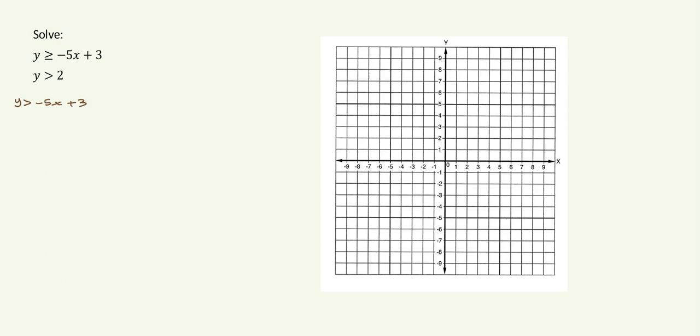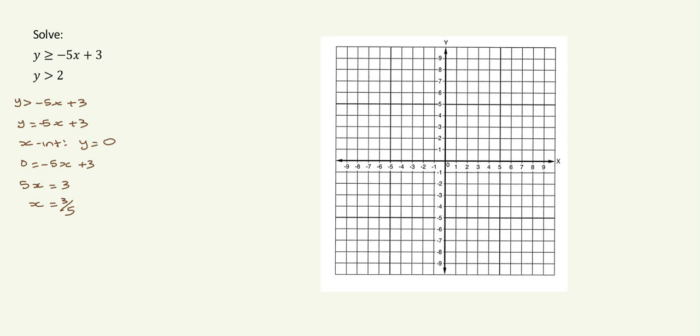So we start by assuming that y equals negative 5x plus 3, and we look for the x-intercept, which means y equals 0. So 0 equals negative 5x plus 3. So 5x equals 3, x equals 3 over 5.